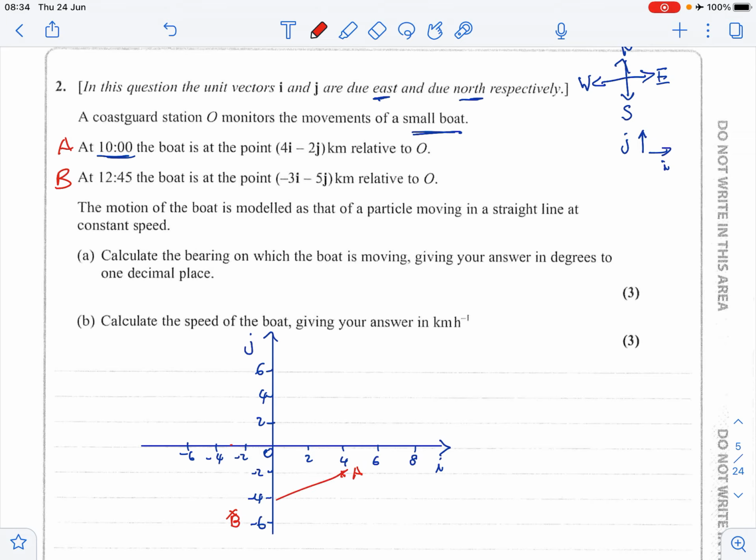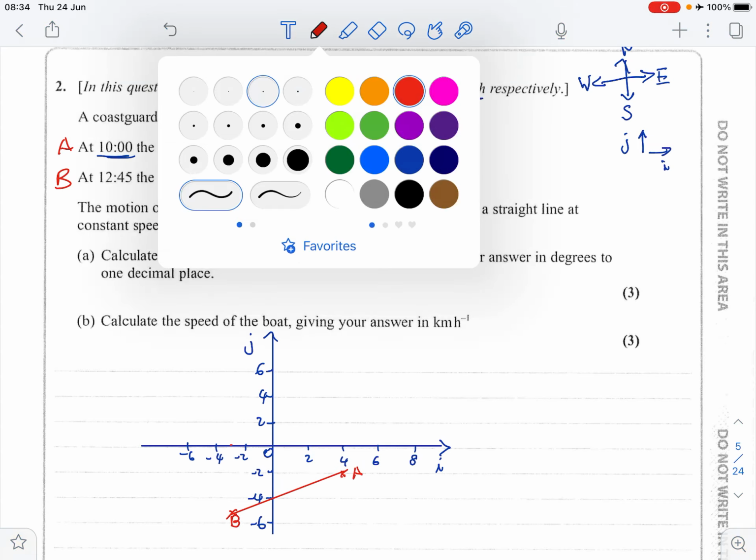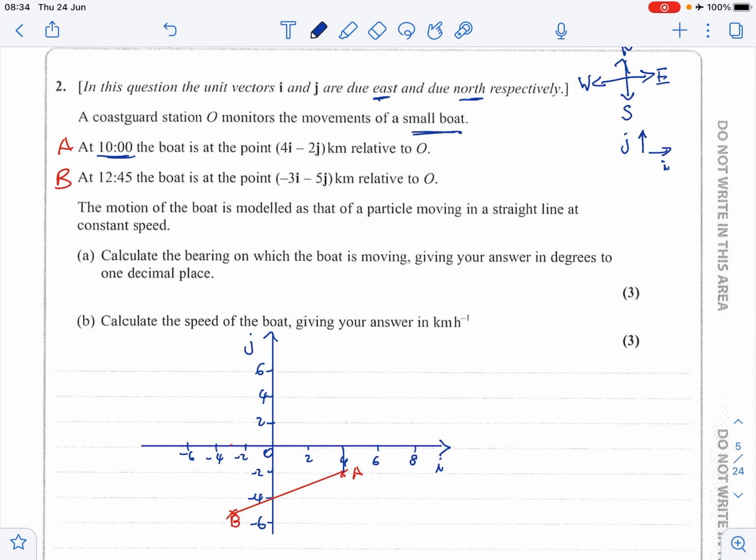The boat is traveling from A to B. When we measure bearings, we start from north. So this is the angle we are interested in.